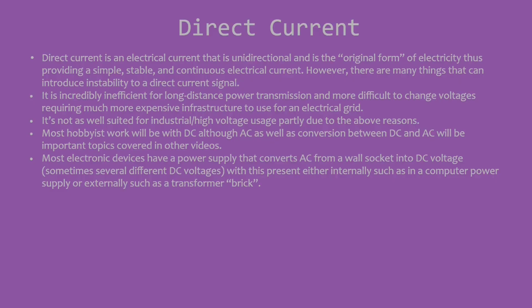Computers convert AC to various DC voltages. Anything that has a power brick or transformer or power supply most likely does the same thing. And if you've ever plugged a USB cable into a wall adapter, put that wall adapter into your outlet, you're dealing with that all the time.